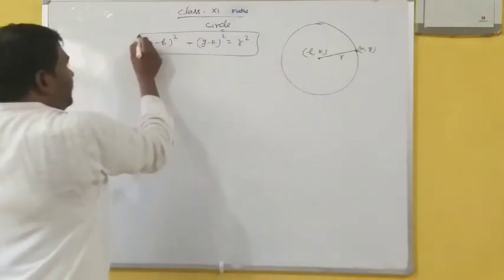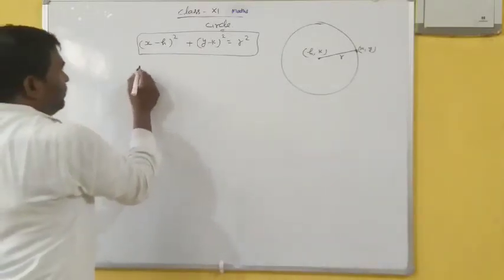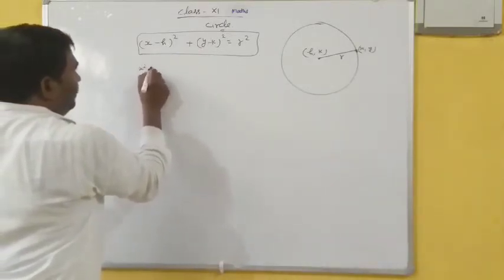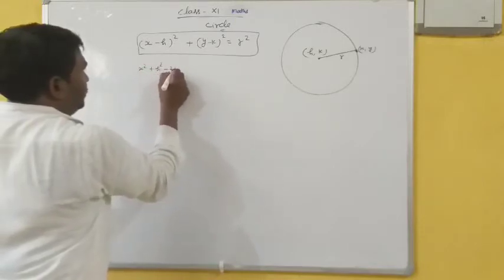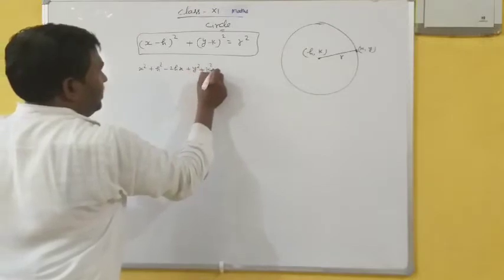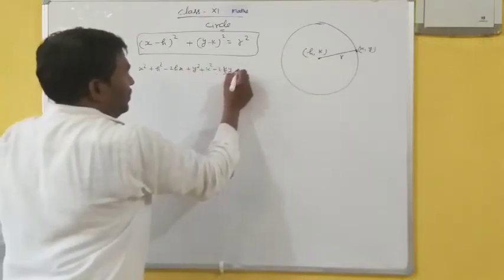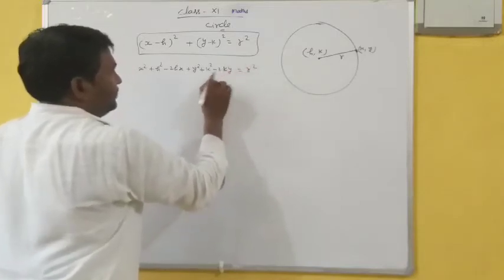Now, expanding it, let's see what we get. x square plus h square minus 2hx plus y square plus k square minus 2ky is equal to r square.